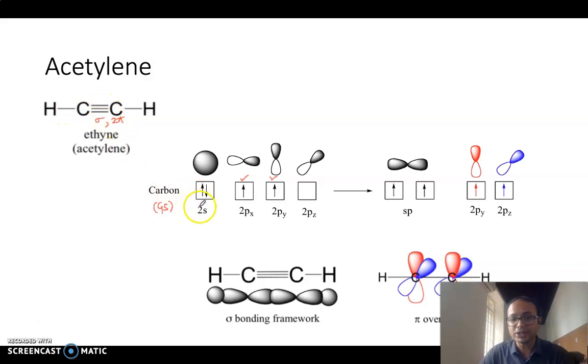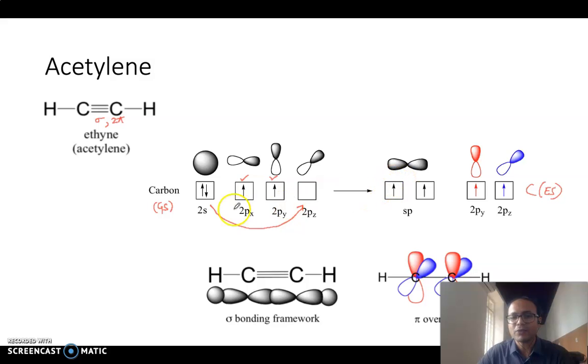In order to understand that fact, we bring in the concept of hybridization. Hybridization usually involves a combination of s and p orbitals. For combining the s orbital and making it participate in bonding, we first have to excite this electron to the empty p orbital. When we do that, we get the excited state electronic configuration of the carbon.